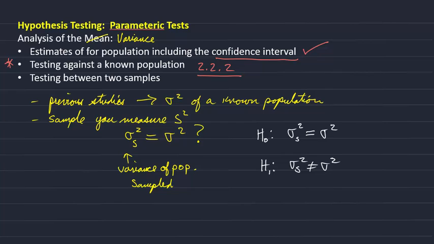So let's look at an example, taken from Wessel, where we're comparing the variance, or standard deviation, of temperature measured from a body of water.